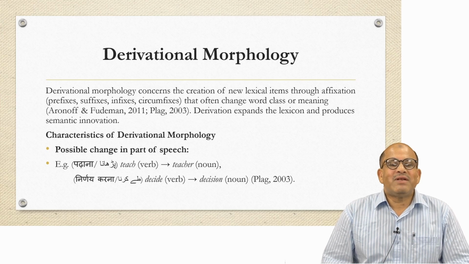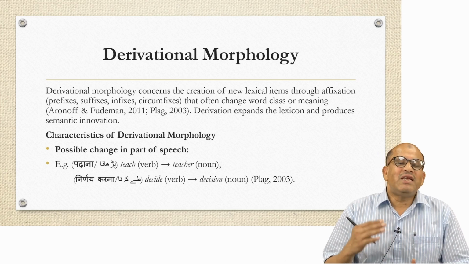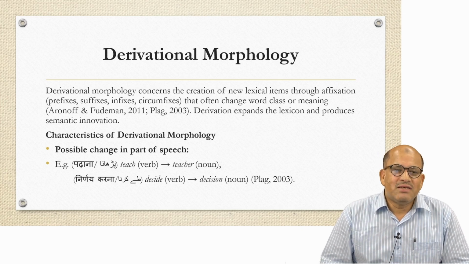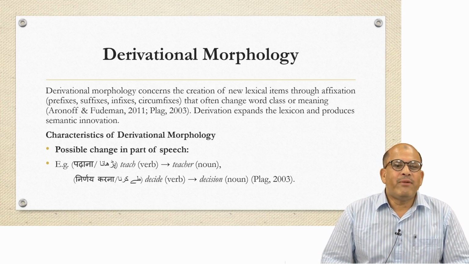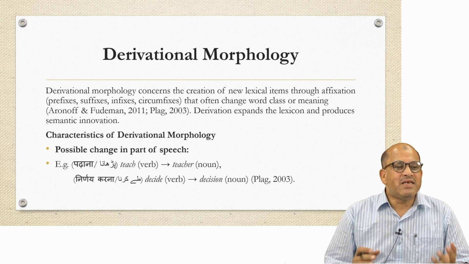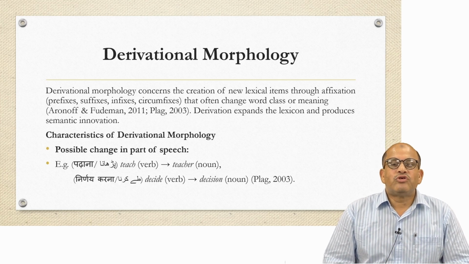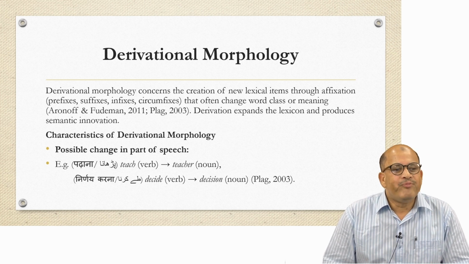If it is a noun, it can become a verb. If it is a verb, it can become an adjective. This is called word class change. Derivation expands the lexicon and produces semantic innovation. Semantic, as we have seen, is the study of meaning, so it is an innovation in meaning as well.